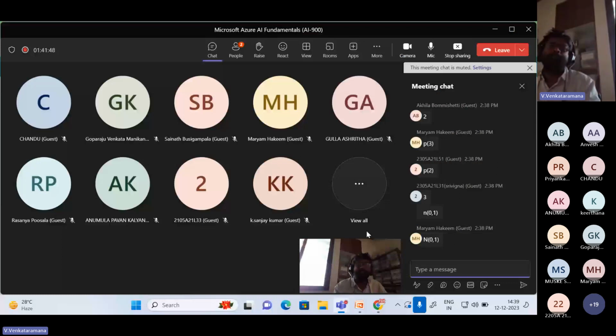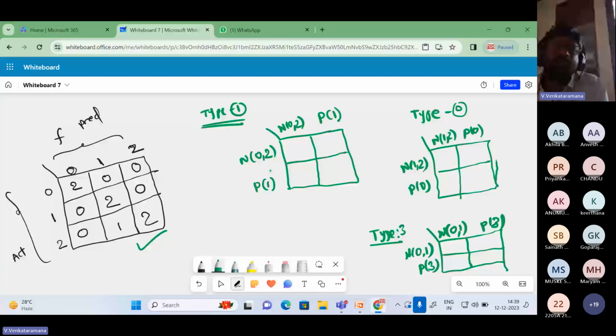Now we are going to update all the values. Now see here, 0 and 0. How many samples are there? If you go to this cell, it will be 0, 0, 0, 2, 2, 0 or 2, 2. All of these come under here.